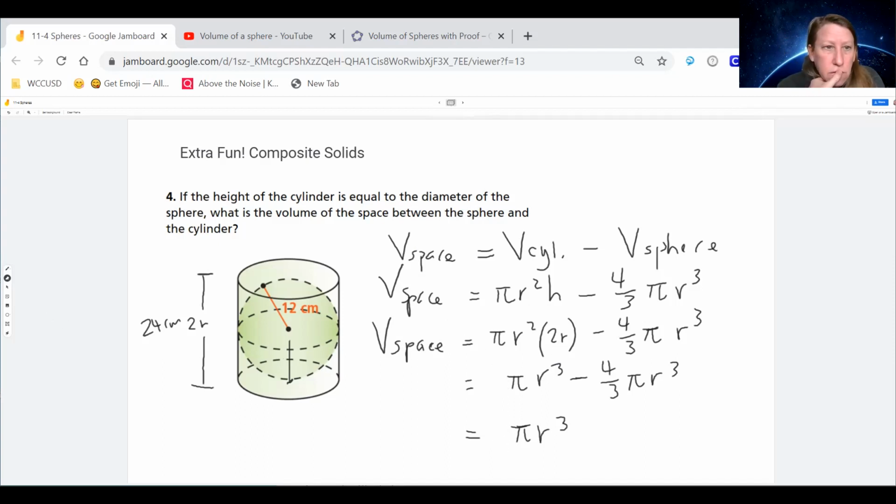No, 6 divided by 3 is 2. Volume of the cylinder minus the volume of the sphere. Cylinder is pi r squared, h is 2r, minus 4/3 pi r cubed.